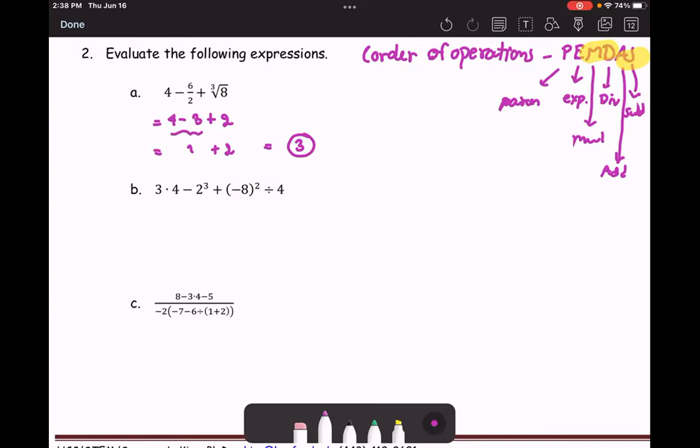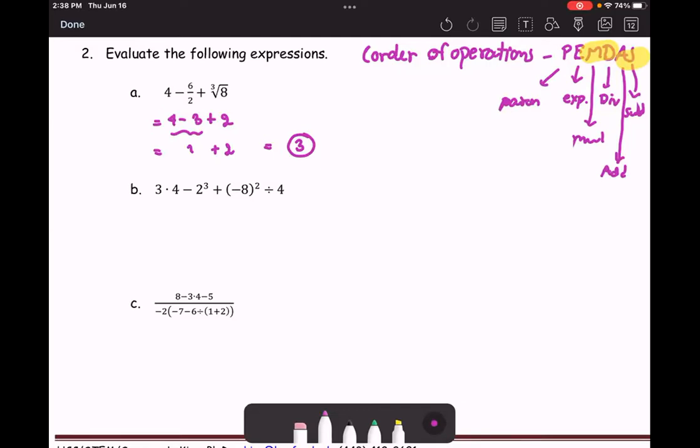Next, part B, we have the expression 3 times 4 minus 2 to the power 3 plus the quantity negative 8 to the power 2 divided by 4. We have the multiplication, subtraction, addition, division, and also the power or the exponent.